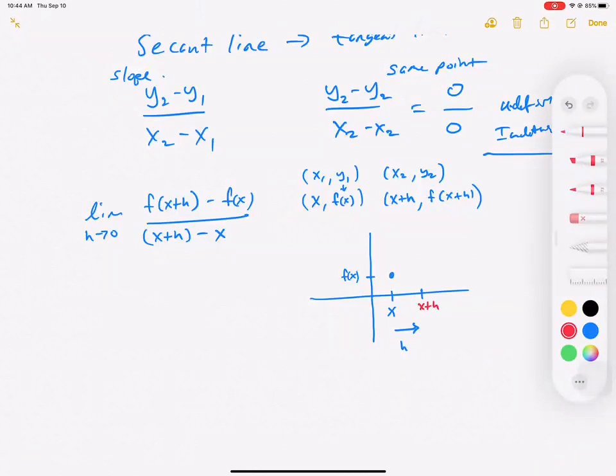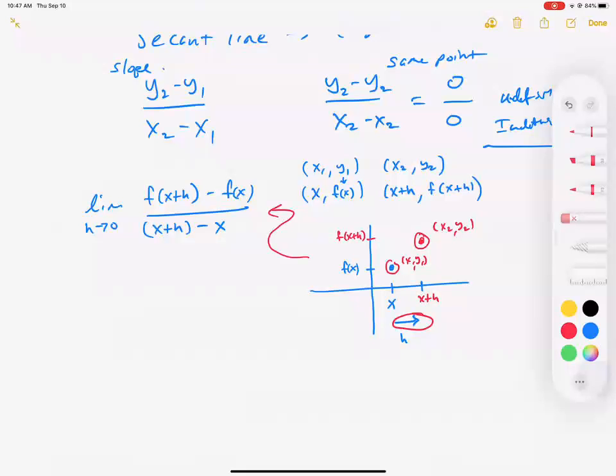And if I look at another point, x plus h away, it should have a new f value. And this f value will be plugged in x plus h. So to find the slope of this, we say y2 minus y1 in this formula here. Okay. Let me pause.